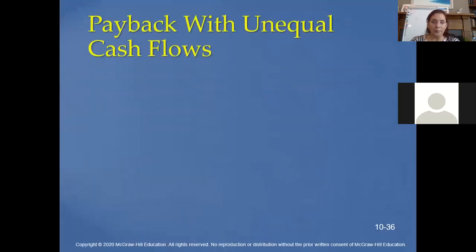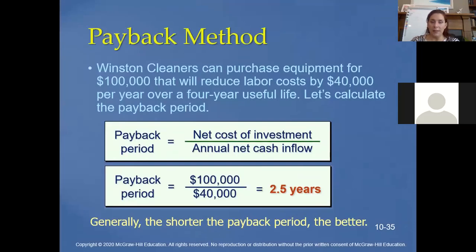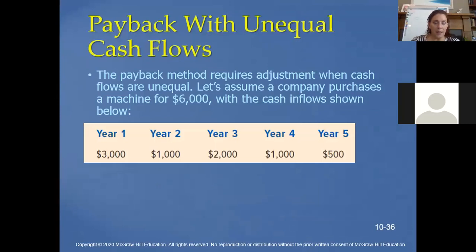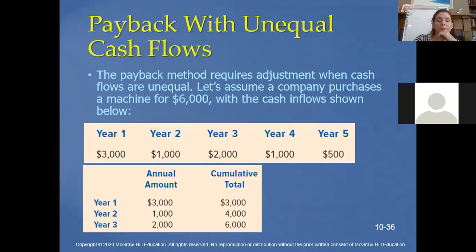Now this one assumes that it's the same amount every year. Not terribly realistic, but if you have unequal payments, there are a couple of ways to do it. One is you just subtract every year. You take your initial investment, and the first year you subtract 3, the second year 1, and so on until you get to 0. So after year 3, you have basically broken even.